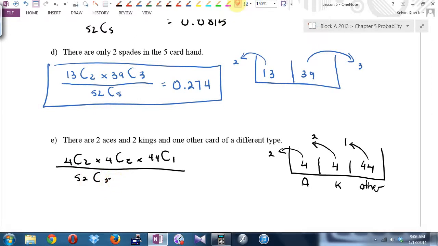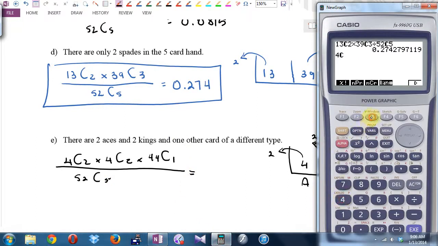And again, if I do my error check, 4 plus 4 plus 44 gives me 52. 2 plus 2 plus 1 gives me 5. I think I've got everything. This should be a fairly low number because I would think that 2 kings and 2 aces is a pretty good hand. I'm expecting a fairly small decimal. 4 choose 2, and 4 choose 2, and 44 choose 1, divided by 52 choose 5.